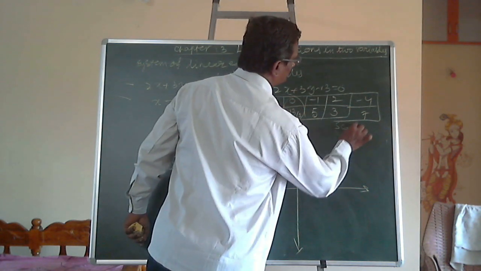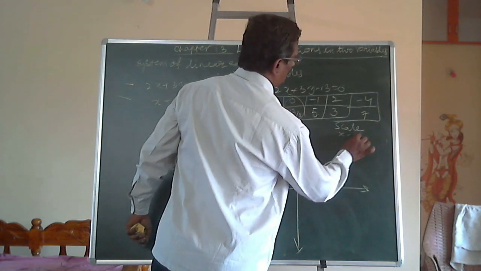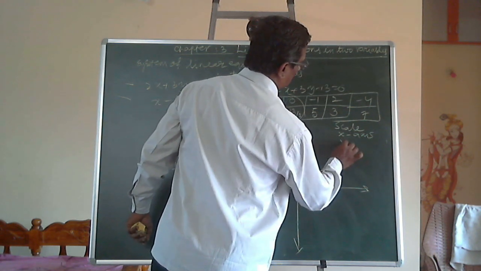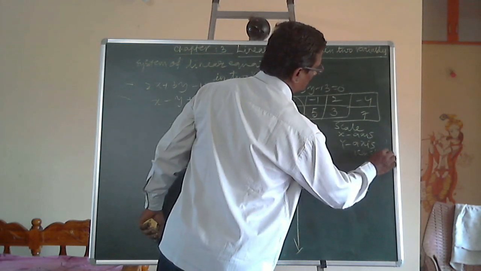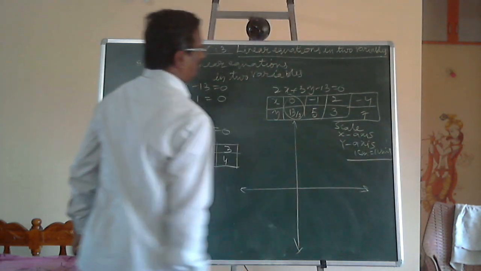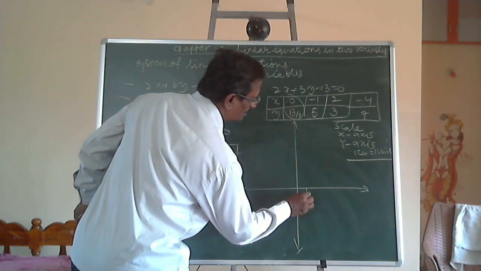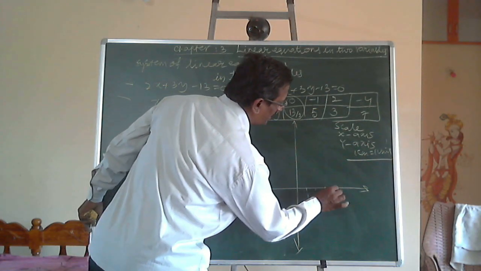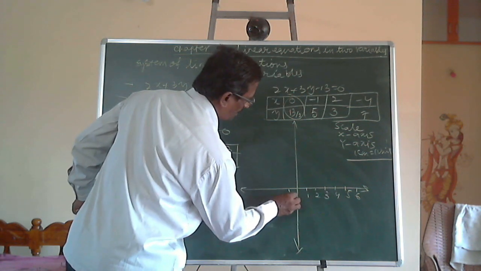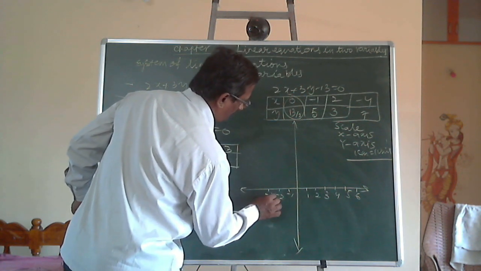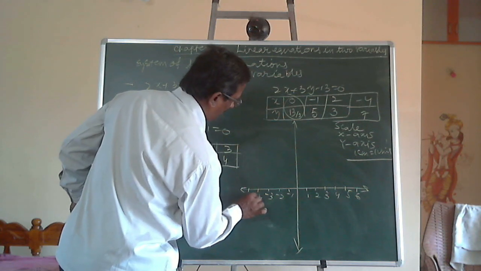the scale on the x axis and y axis is 1 centimeter equal to 1 unit. This is the normal scale we take. Here 1, 2, 3, 4, 5, 6, and on the negative side -1, -2, -3, -4, -5.